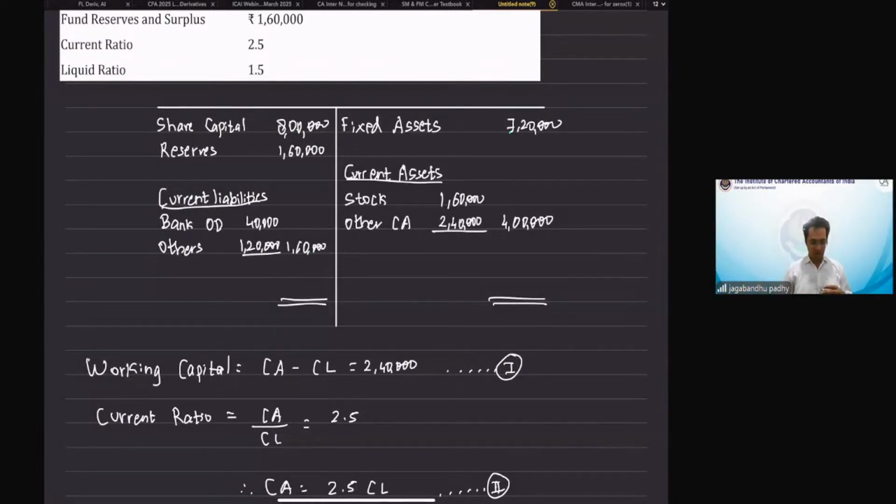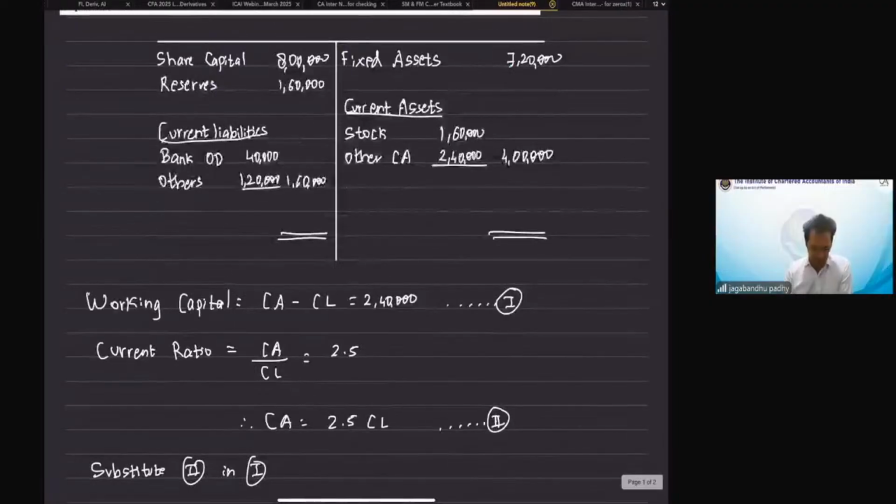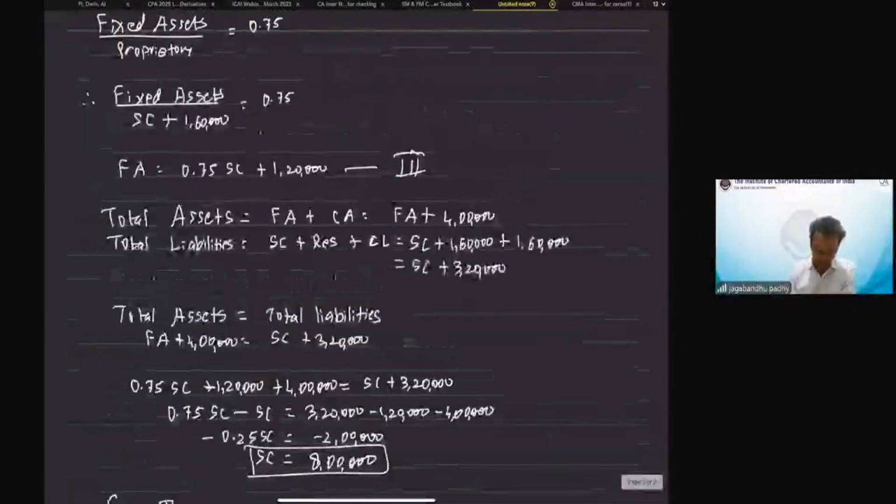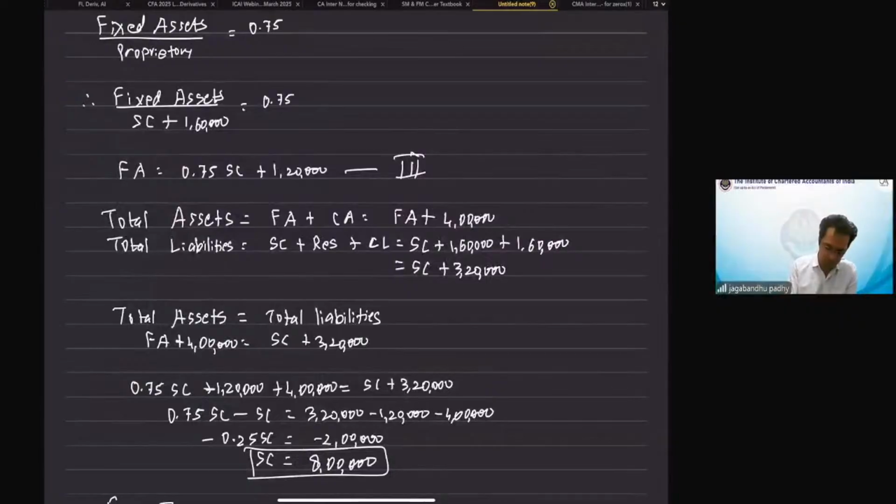Okay. Then reserves and surplus is 1 lakh 60. No, I haven't taken 1 lakh 20. That's 1 lakh 60 only. Here you see 1 lakh 20,000 because that is 0.75 multiplied by the entire denominator. Right, Dharni?